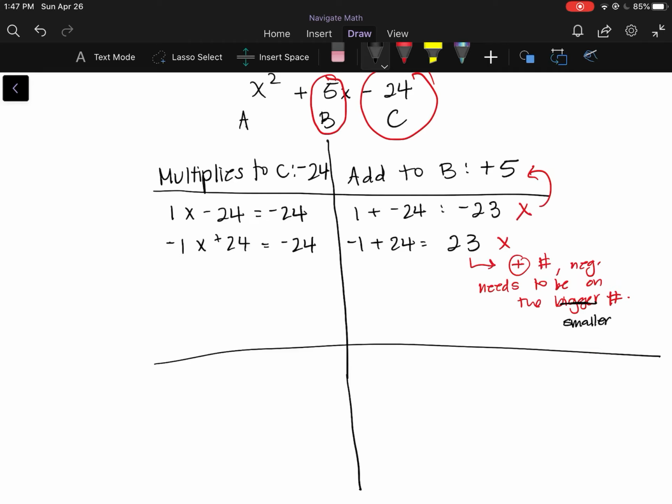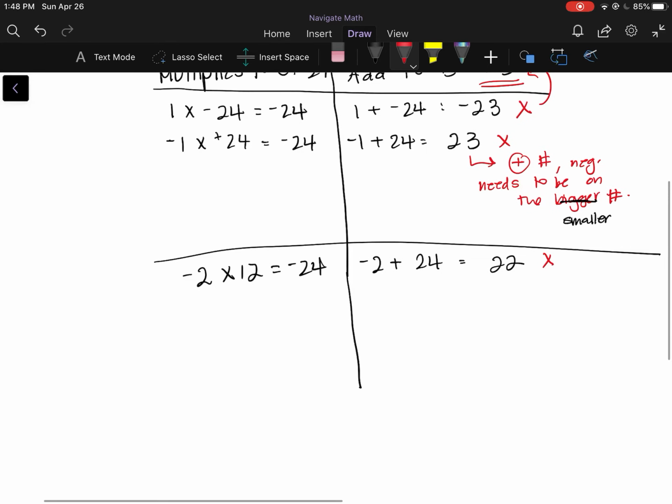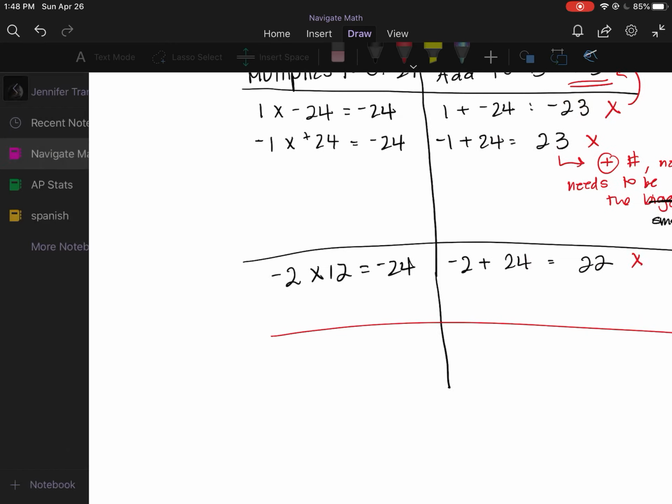So I just did those. So that's going to be on the 2 times 12, which is negative 24. Now, negative 2 plus 24 is 22. And again, this also does not work because I want it to add to positive 5. So let's try the next row.